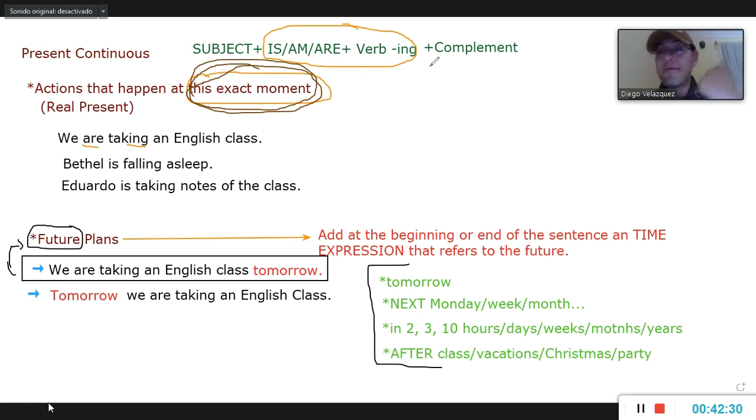Is it referring to a fact or to a plan in the future? Is it referring to a description or to something in the moment? So you need to be able to contrast the different functions of present simple and present continuous, and determine which is correct to use depending on what we want to say, okay?